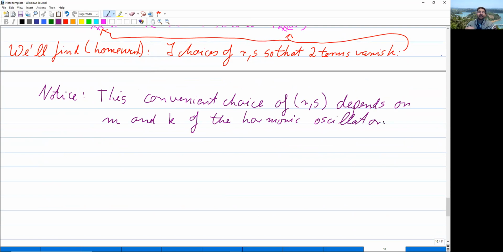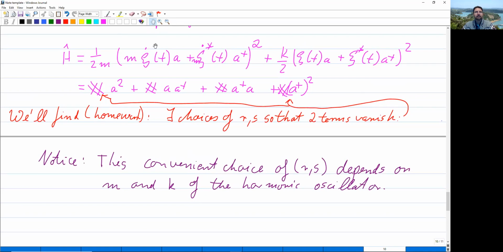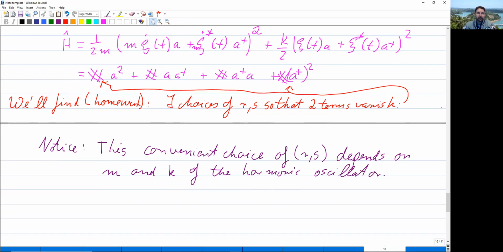Okay, so this means for every harmonic oscillator, we will have a different optimal choice of R and S, such that the Hamiltonian will look as easy as it can get. Namely, so that it has only two terms, the A dagger term and the A dagger A term, and it will turn out that these two can be combined into one term, in fact.